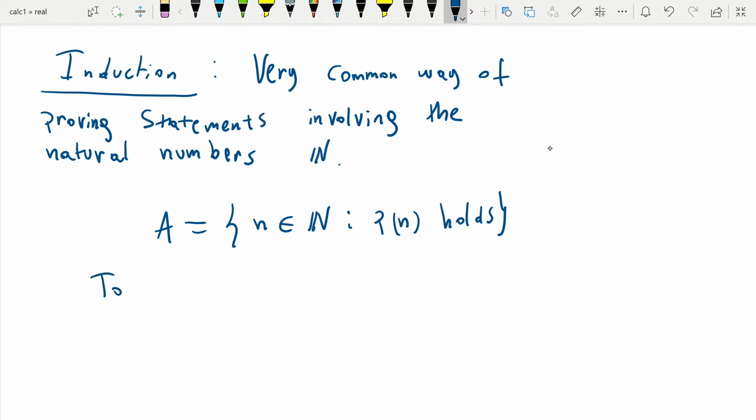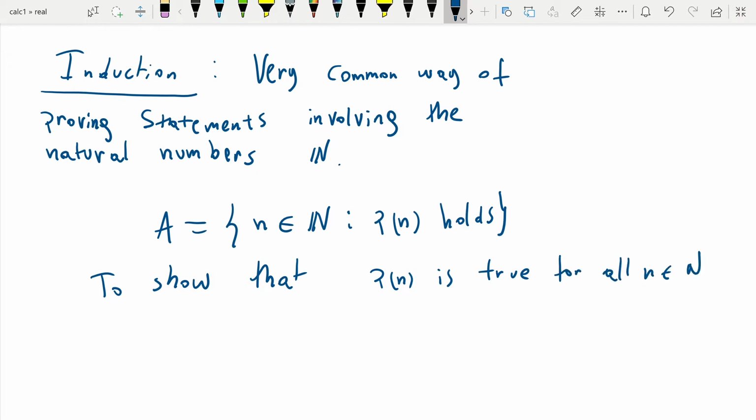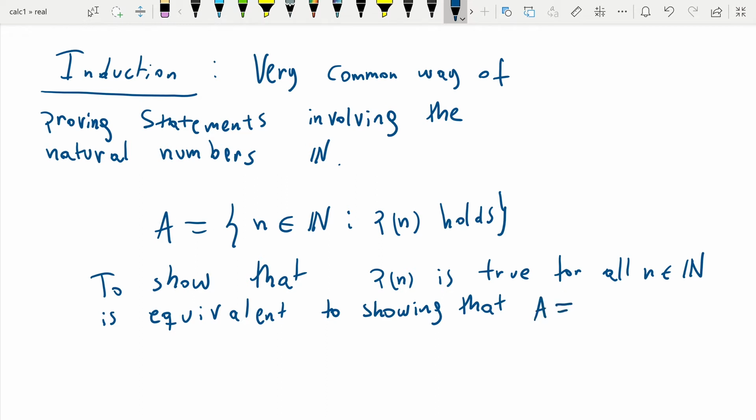So to show that the proposition P of n is true for all n in N is equivalent to showing that A is equal to N. Why?